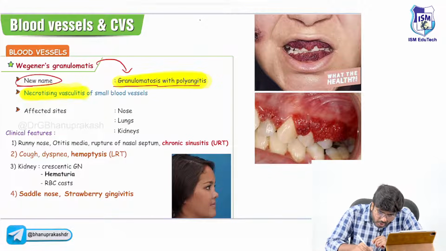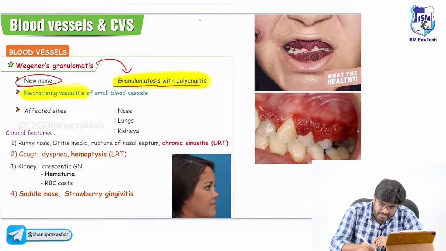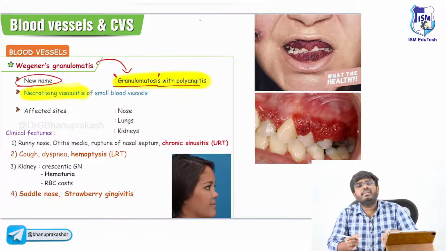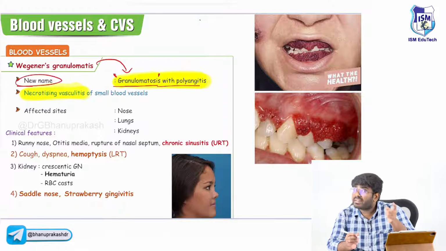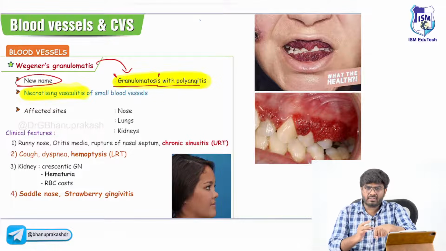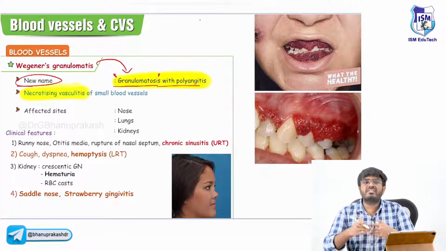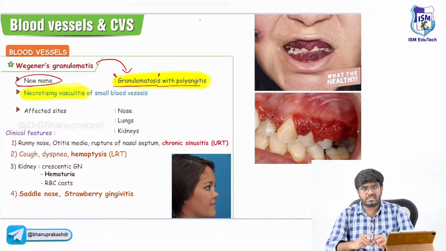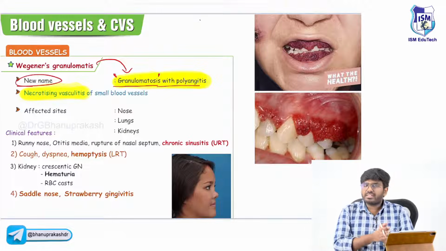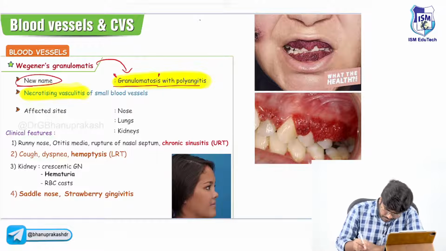In the name itself it says granulomatosis, so it is granulomatous vasculitis along with necrotizing. The inflammation is granulomatous, but at the end of the day necrosis is happening. The blood vessels and the tissue will undergo necrosis. So necrotizing as well as granulomatous, both true.